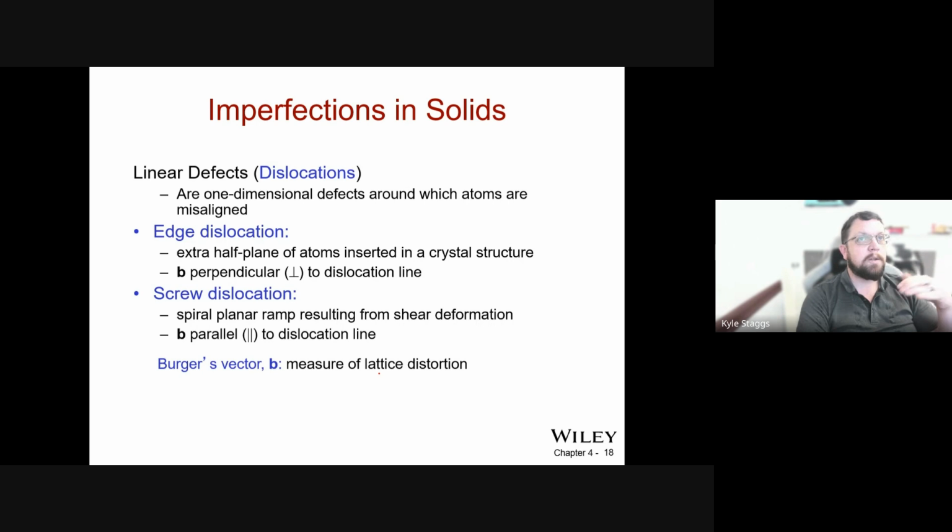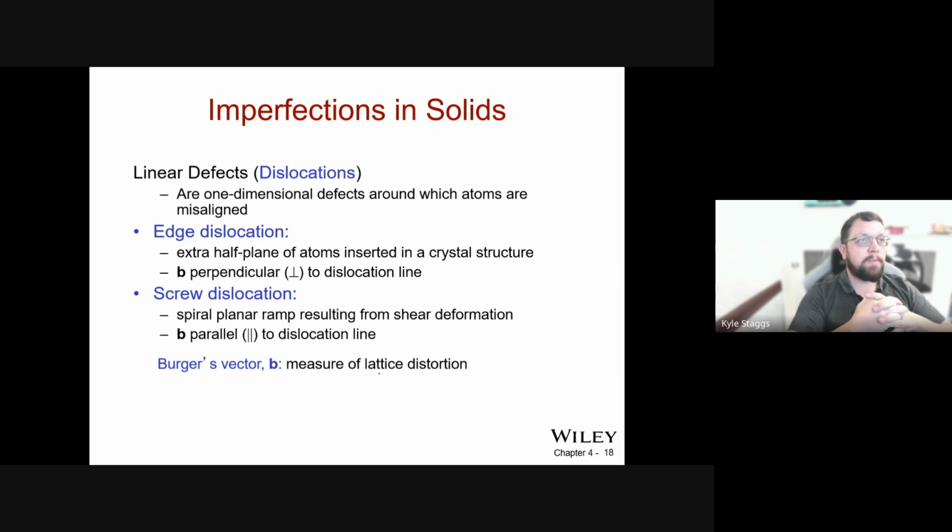It's always perpendicular to the dislocation line. There is also the screw type dislocation. It's a spiral planar ramp resulting from shear deformation. B in that case is parallel to the dislocation line.